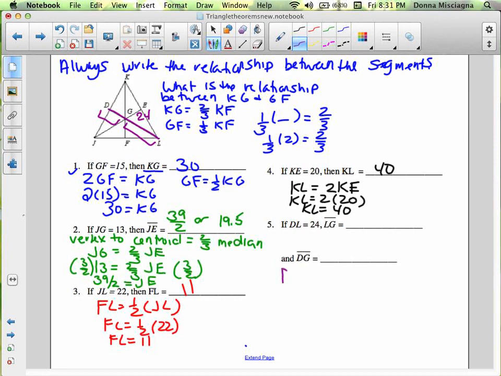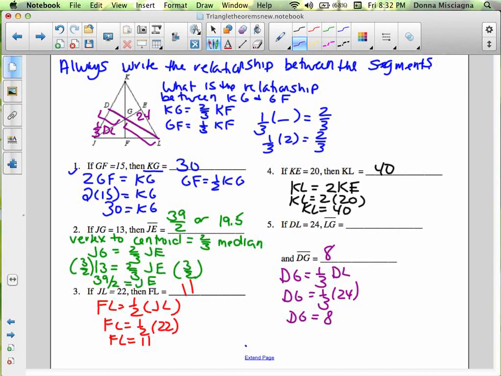DG is equal to 1/3 of DL, because it's from midpoint to centroid. DL is 24, so DG is 1/3 of 24, and that's just 8.